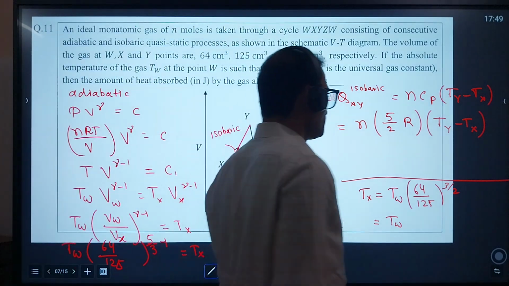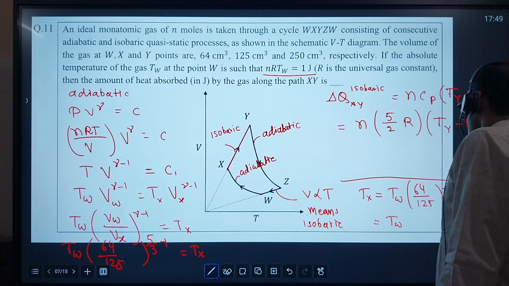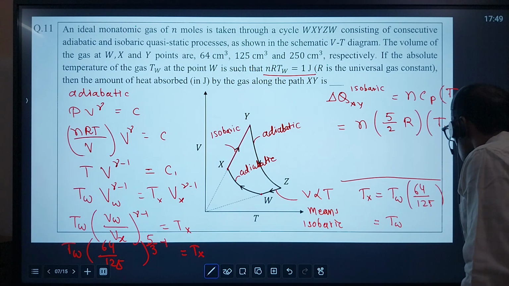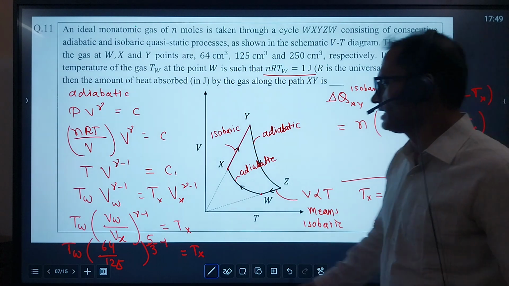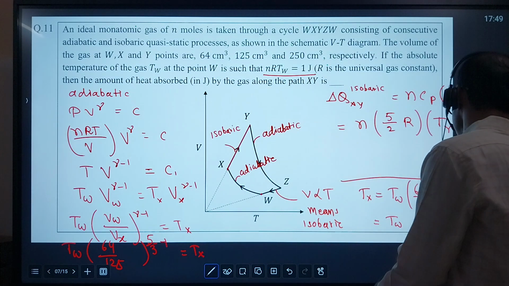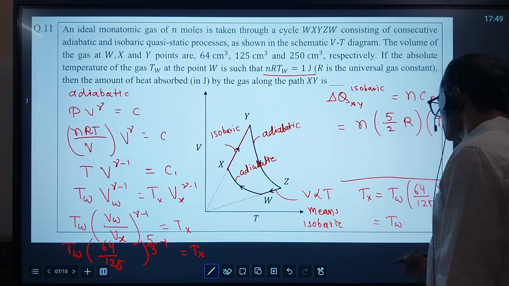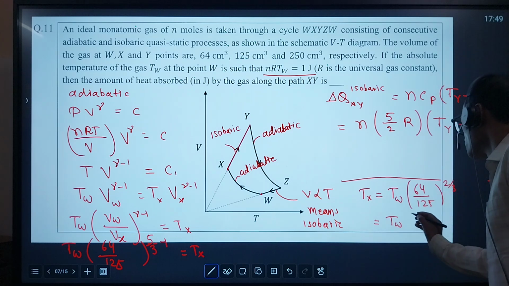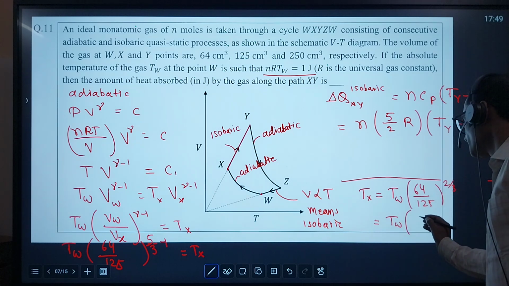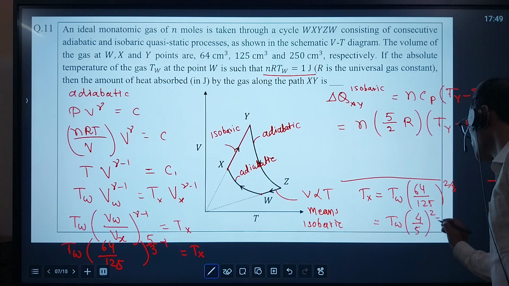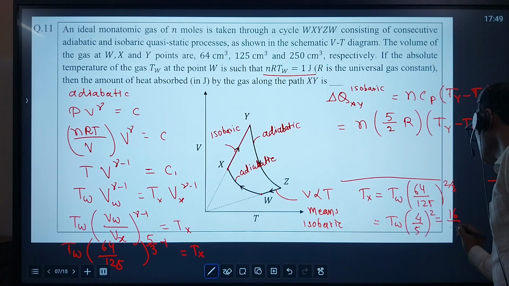So this power will be 5 by 3 minus 1, which is 2 by 3, not 3 by 2. If you take the cubic root you get 4 by 5, and if you square it you get 16 by 25 Tw.